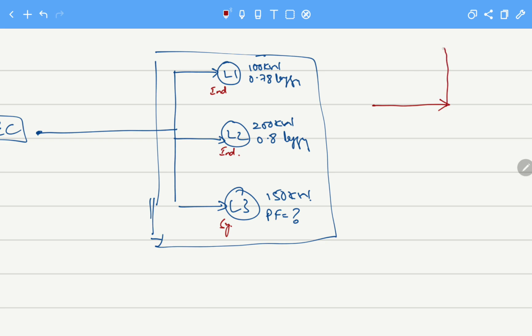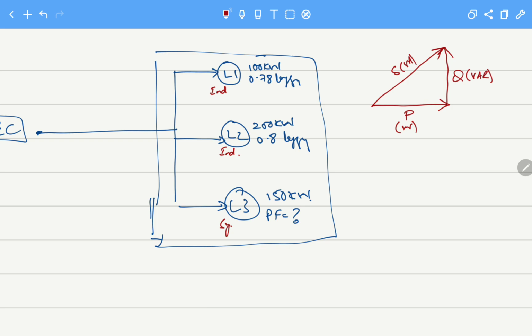What is the power triangle? It is a relationship between real power, represented in watts, reactive power, represented in VAR, and apparent power, represented in VA.